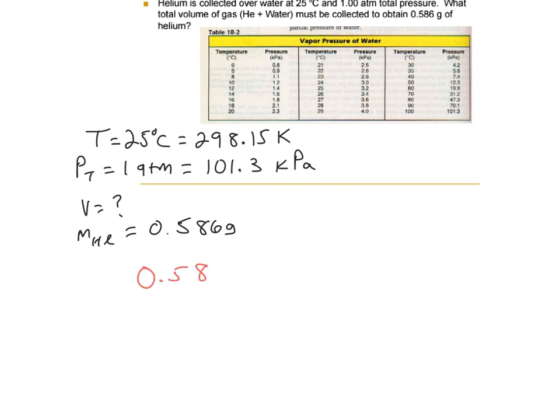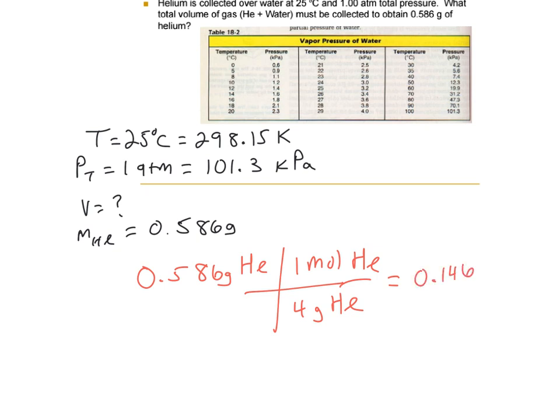So I'll start with the 0.586 grams of helium, and the molar mass of helium is 4 grams. Okay, so 4 grams, 1 mole. I just divide by 4 here, and I'm going to get 0.1465 moles of helium is what I need.